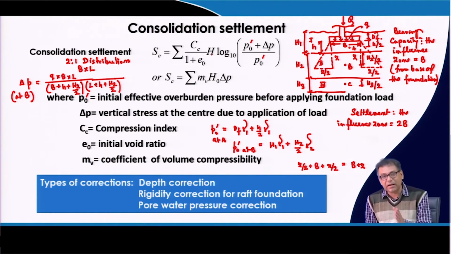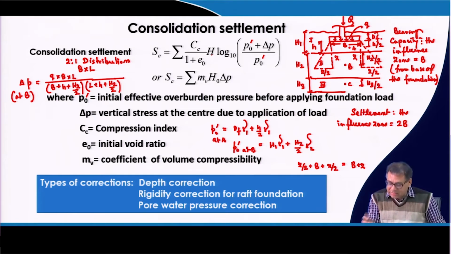This will be the sum, and if you use the second equation, then you need the coefficient of volume compressibility. That also you have to determine by the consolidation test. Which one you will use depends on the availability of your design properties or design parameters. If you have the CC and E0, then it is better to use the first one. If you have MB, then you can go for the second one.